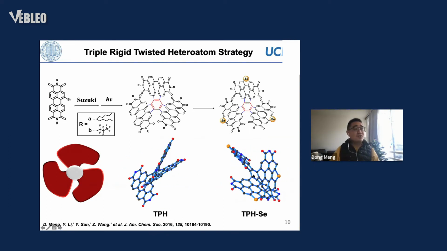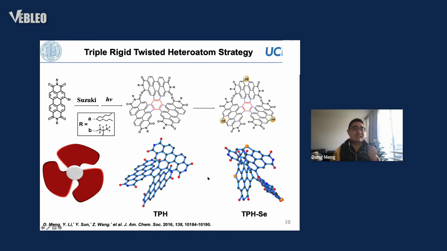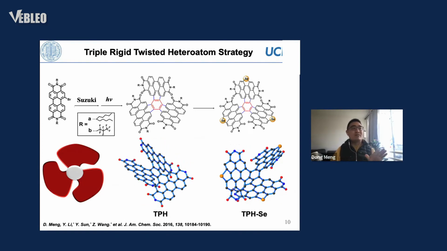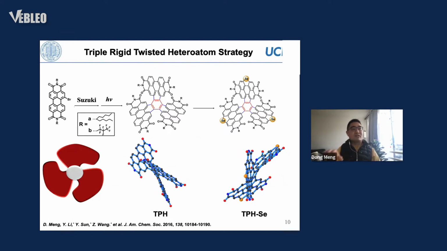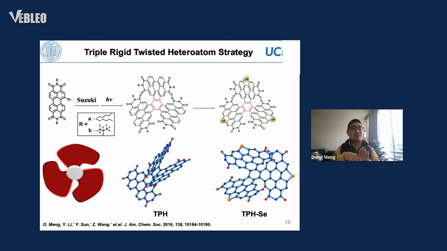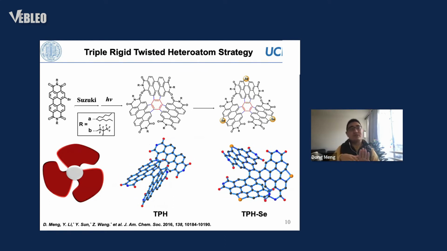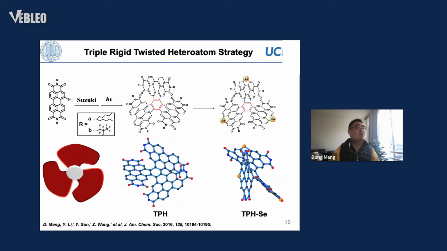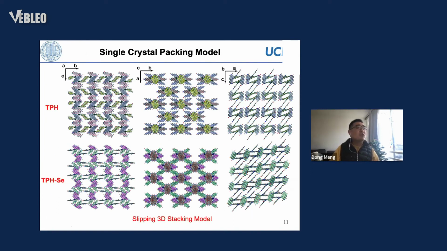This is the crystal. From the crystal, we can see its configuration looks like a propeller. It can twist, but it is fused, so it can match the different requirements for organic solar cells. This is the single crystal packing model. From that, it also forms a 3D stacking model with better interactions.